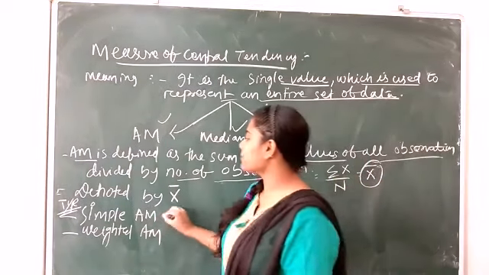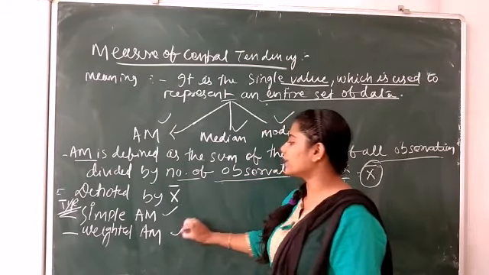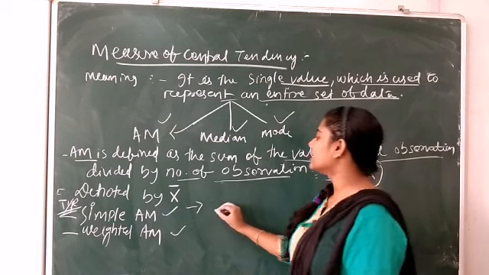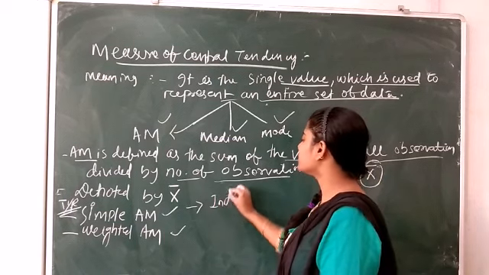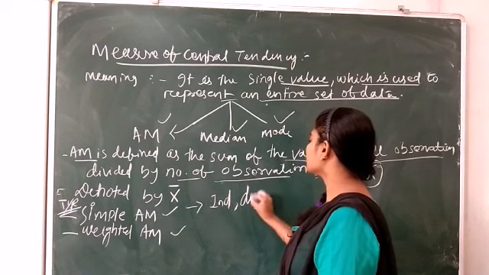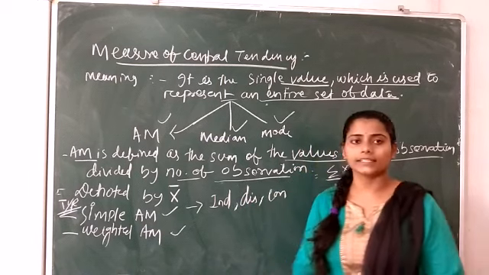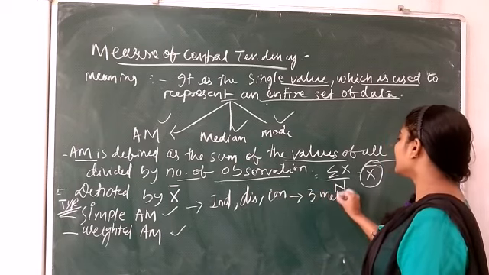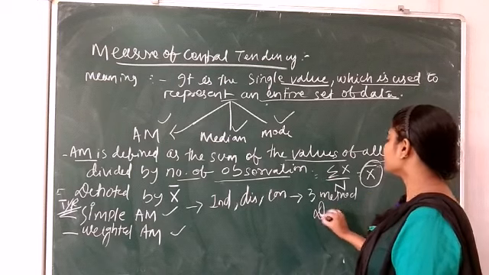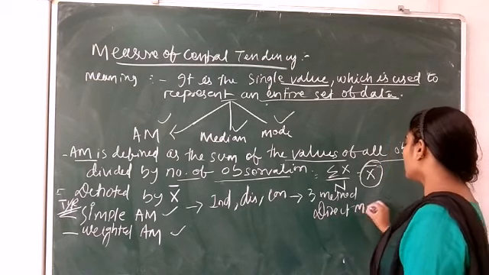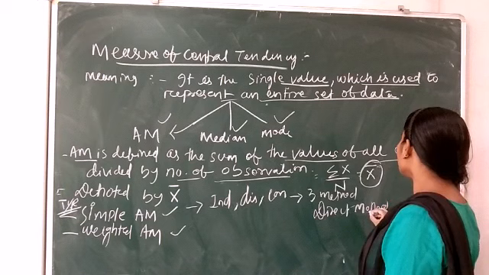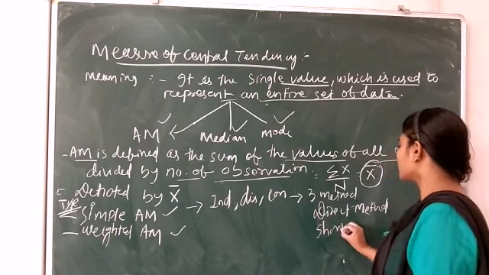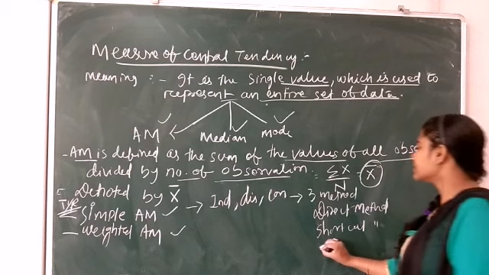It has also two types: simple arithmetic mean and weighted arithmetic mean. Simple arithmetic mean consists of three series, that is individual series, discrete series, and continuous series. All the series have three methods: direct method, shortcut method, and step deviation method.